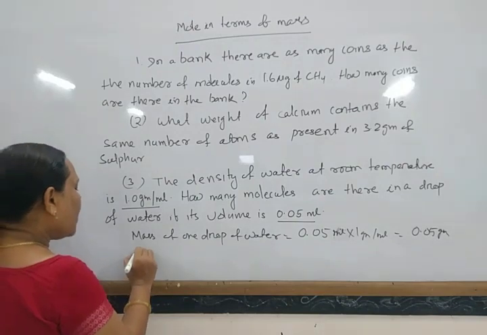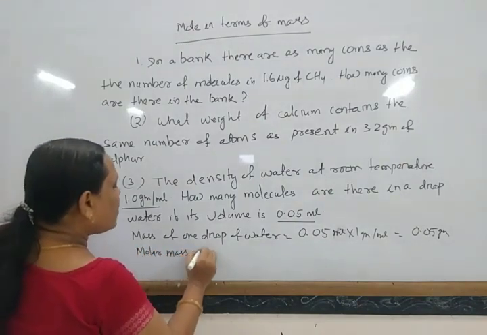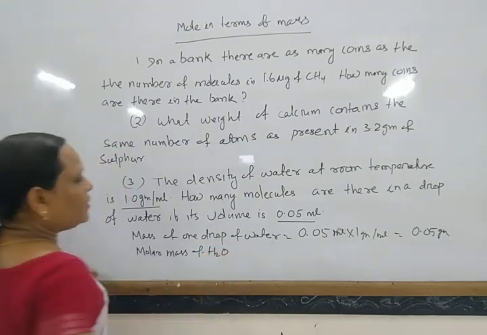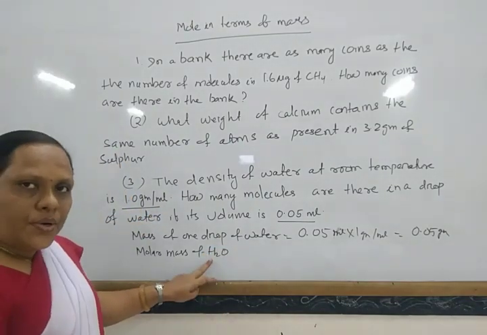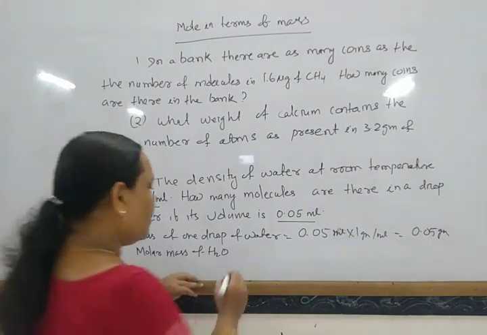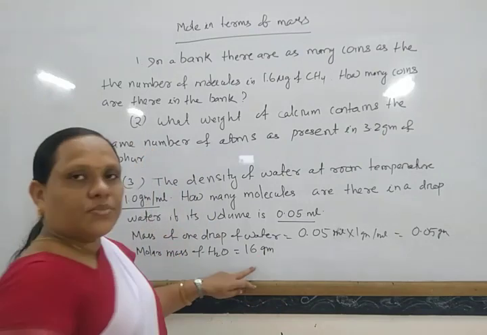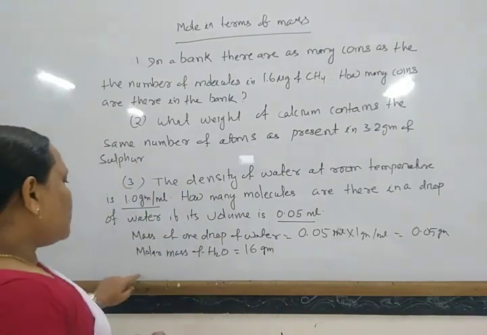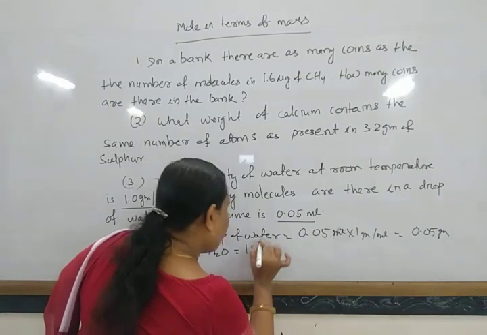Then molar mass of water, H2O, that is 2 × 1 + 16, equal to 18 gram per mole. Molar mass of water is 18 gram.